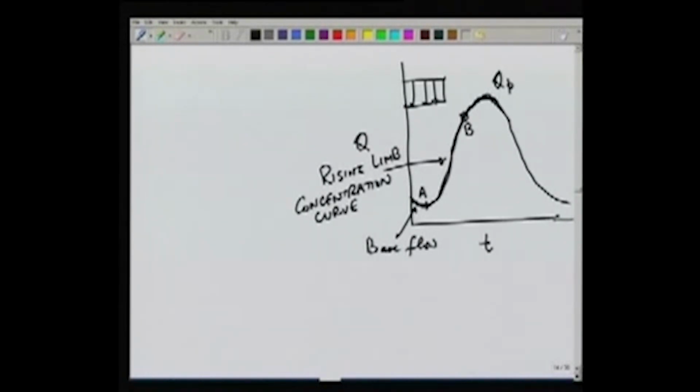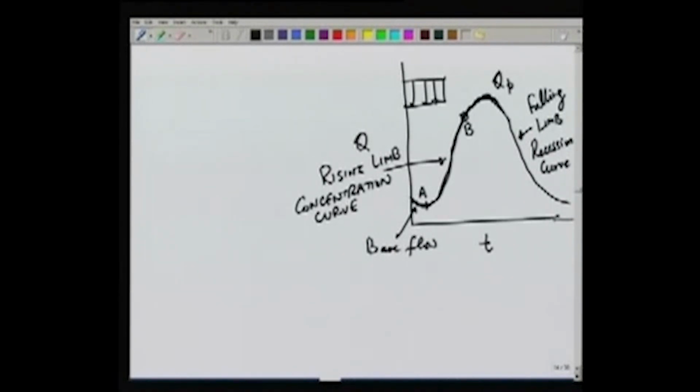Similarly, when the rain has stopped and the flow is now reducing, on the falling limb, which is also known as the recession curve because now water is receding, the nature of the curve changes from convex upwards to concave upwards.